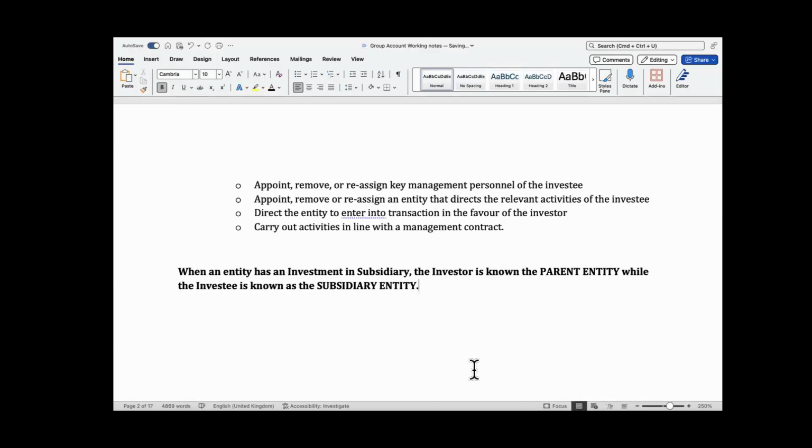So parent and subsidiary can only arise when you have an investment in a subsidiary. That's the only scenario where you are known as the parent, while the other entity is called subsidiary.